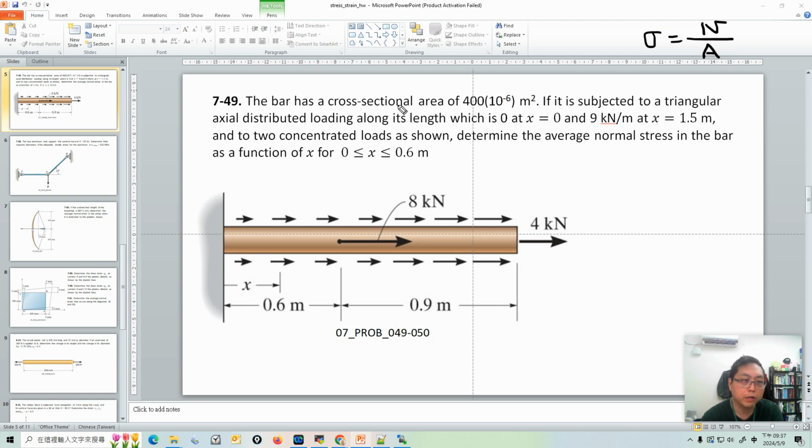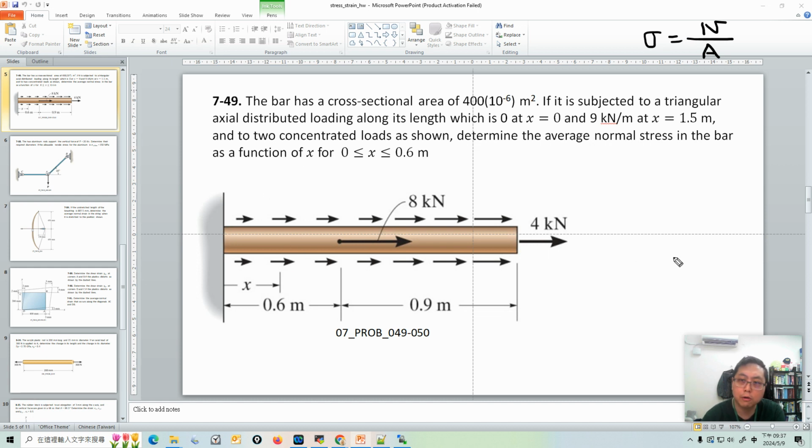This problem already gives you the cross-section area, 400 times 10 to the power minus 6 m squared. So the only thing you need to calculate is the normal force, between x equal to 0 and 0.6. So how do we determine the normal force in this region, as a function of x? I think this may be the difficult part for you.